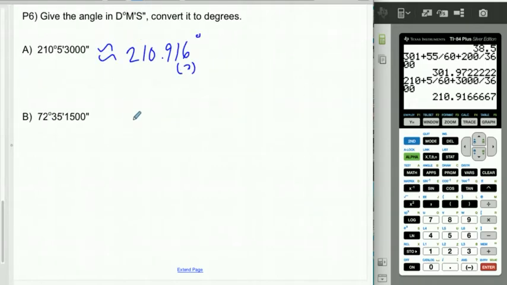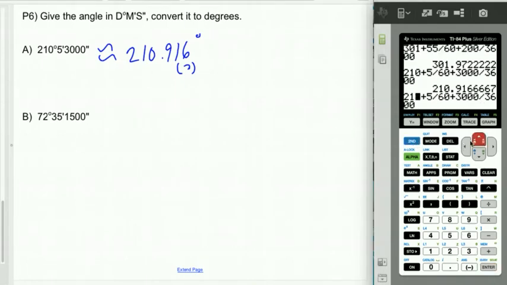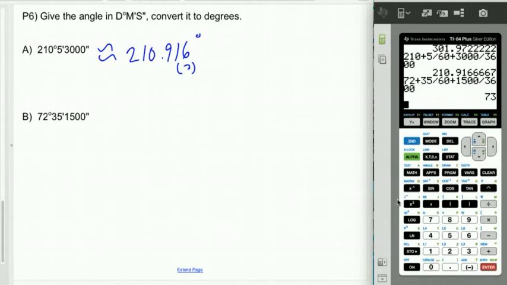All right. And then for this last one, I'm going to hit second enter. And again, you can just do degrees, minutes, seconds if you want. You can certainly find the degree symbol, but I think it takes me more time to do that than it does to just type this in. This is 1500 over 3600. That turned out surprisingly nice.